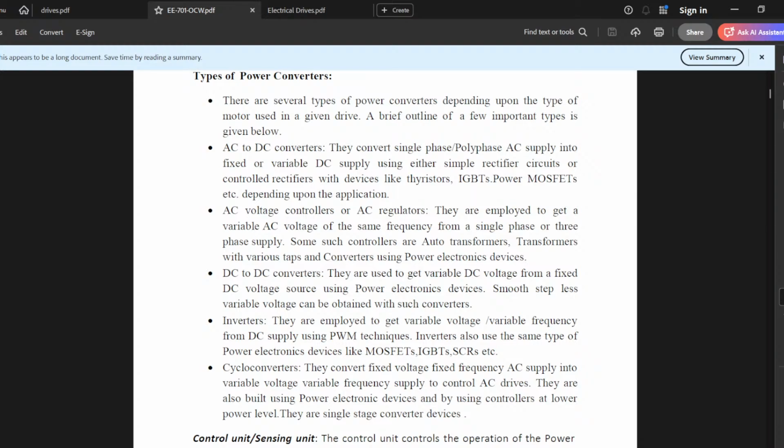Let me just show you. So this is a type of varying DC output. Does this one have it?